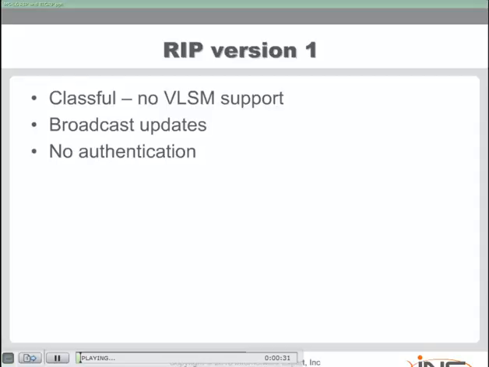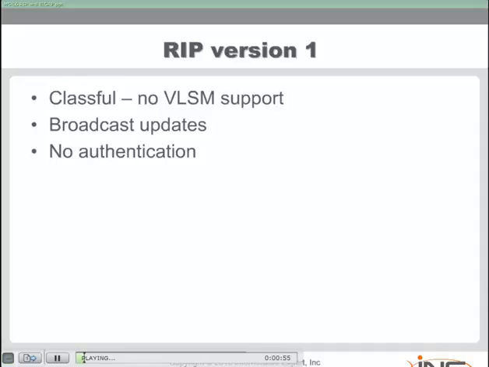RIP version 1 is not officially a topic that the CCDA covers. Well, it kind of is, though. I mean, they could certainly ask you questions, and RIP version 1 will be one of the possible responses, right? So it's definitely something we want to know about.